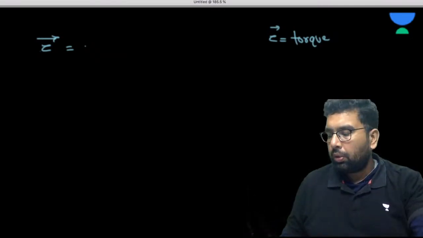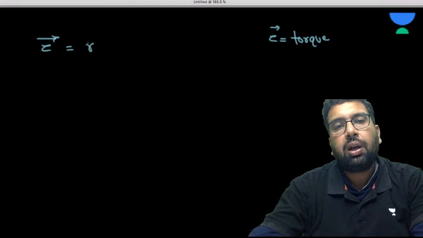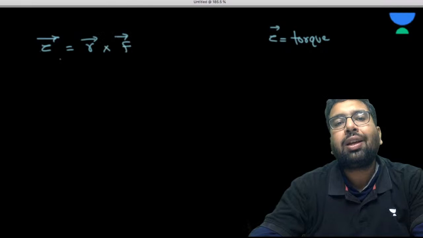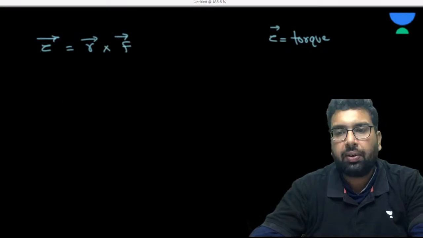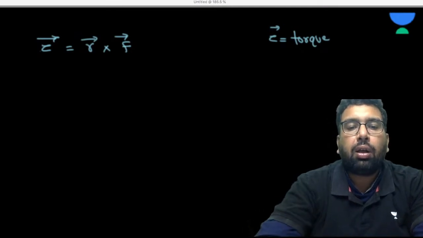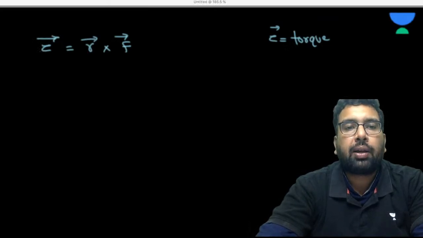Here this is the cross product, because torque is also a force, so it has to be a vector. Now two vectors when multiplied give you a vector. That means you are doing the cross product.